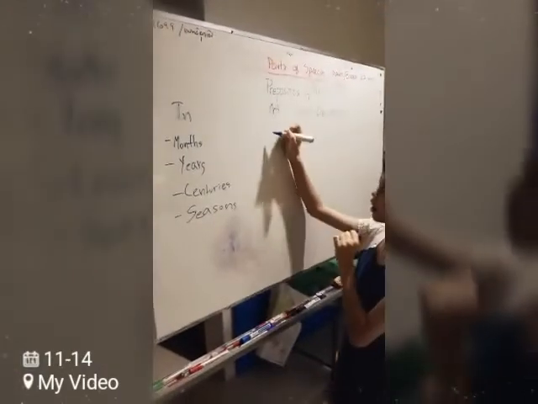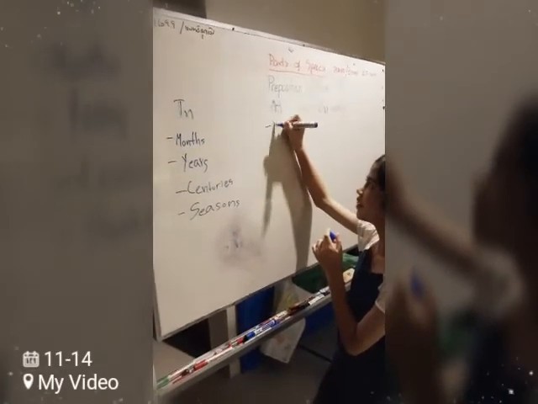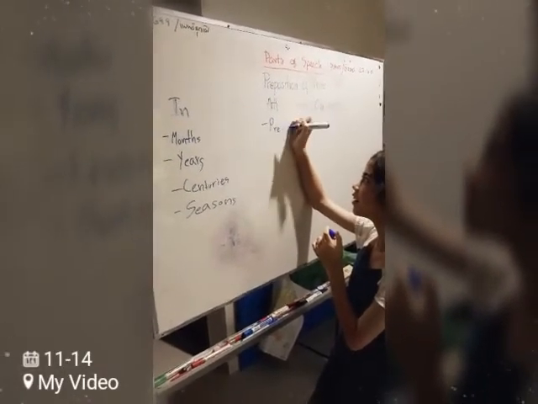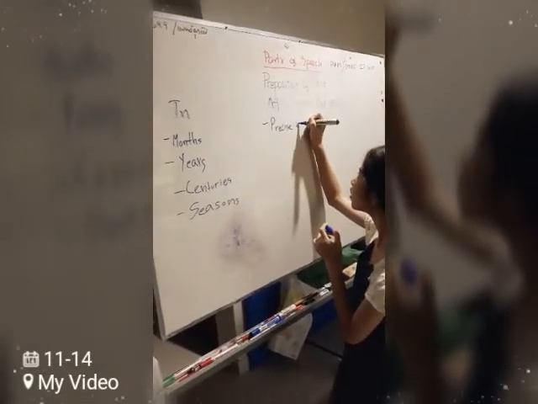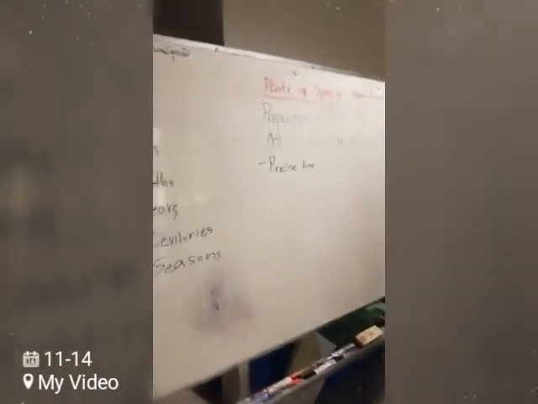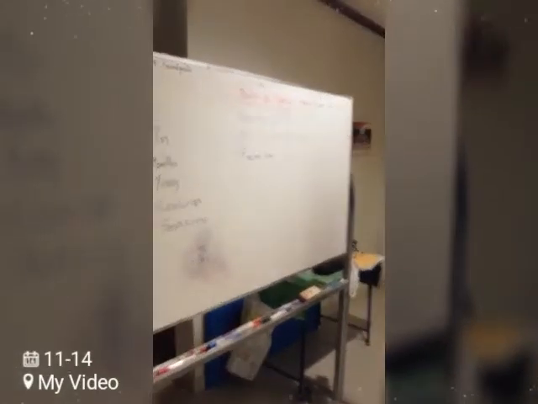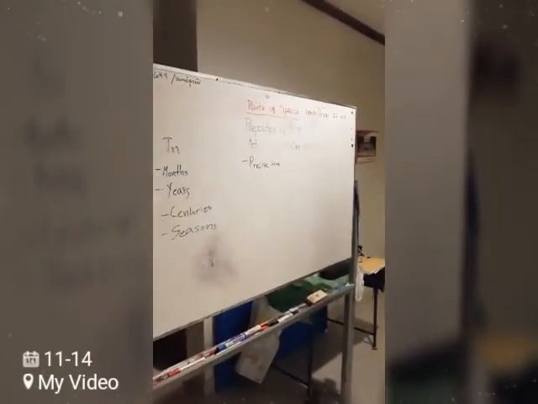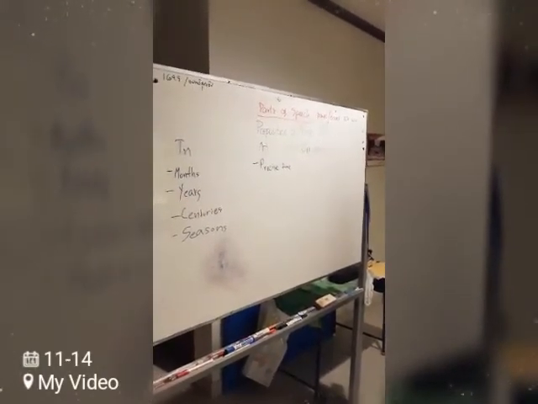Now, at. At is used when you're talking about precise, exact time. For example, I am going on the train at 9:30.